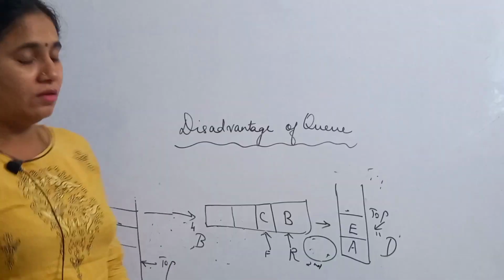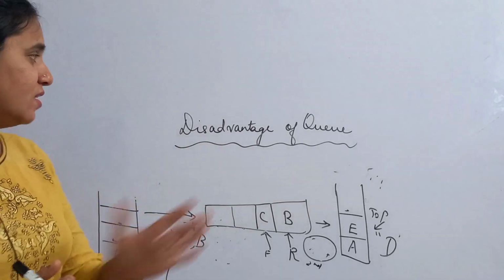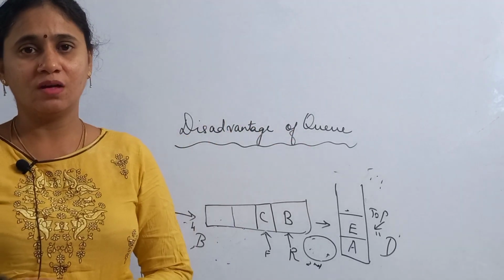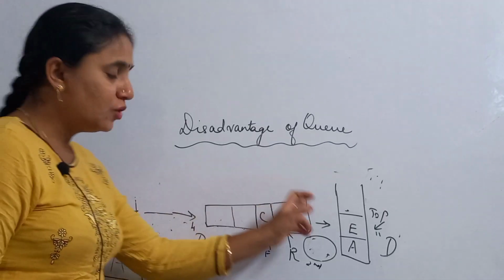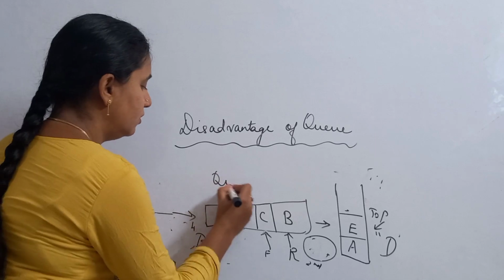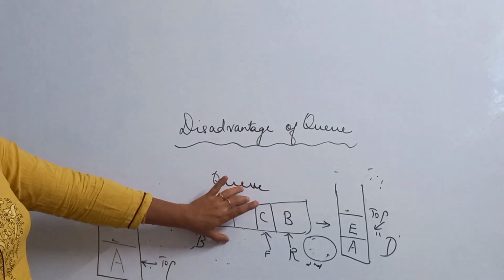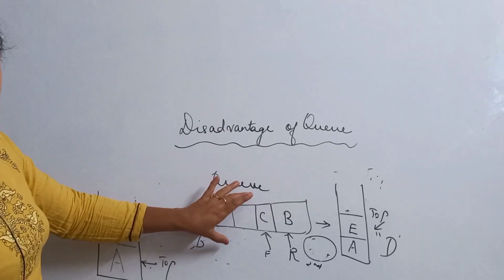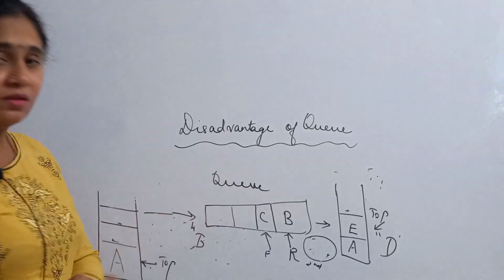Okay friends? So now I am going to tell you what is a disadvantage of the queue. If you see, this is a queue data structure, isn't it? Now if you see, the front position is going to remain empty. You know why?